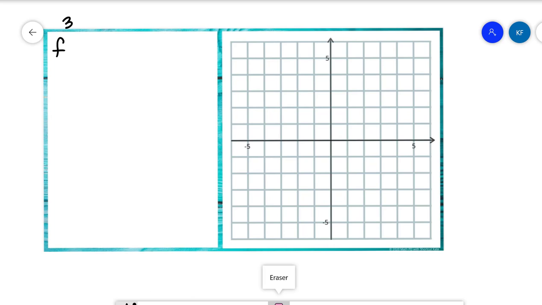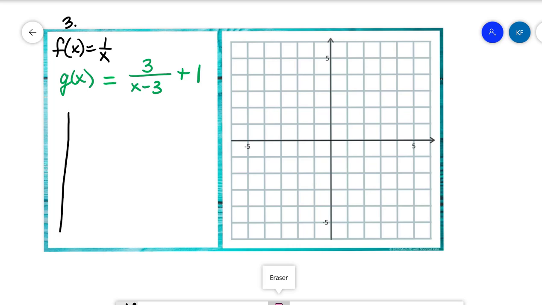So this is 3. And then my new graph, we're gonna put all this together, is 3 over x minus 3 and then plus 1. Okay, start out with that parent graph.